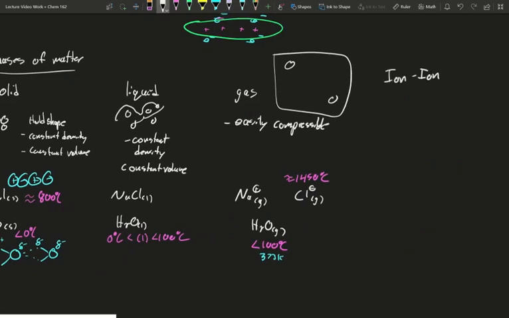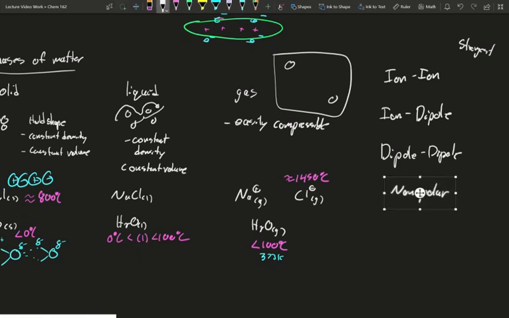Ion-ion interactions tend to be the strongest, followed by ion-dipole, followed by dipole-dipole, followed by nonpolar. And while you can get nonpolar interactions with dipoles and you can get nonpolar interactions with ions, those can be exceedingly more complex as they don't readily dissolve into one another.